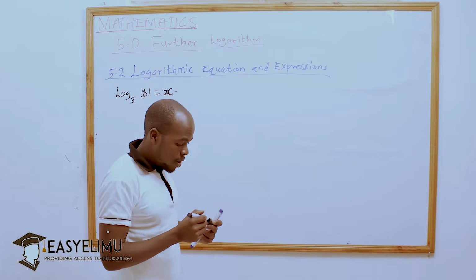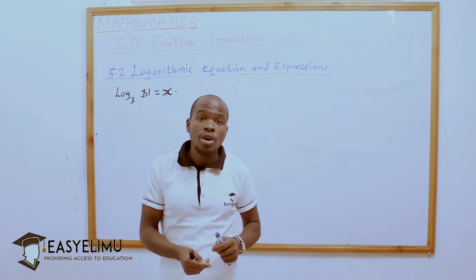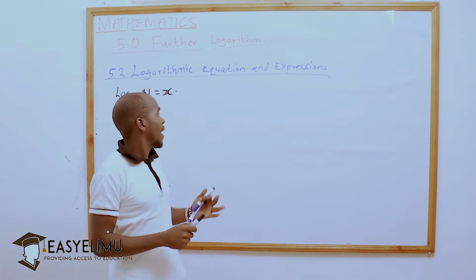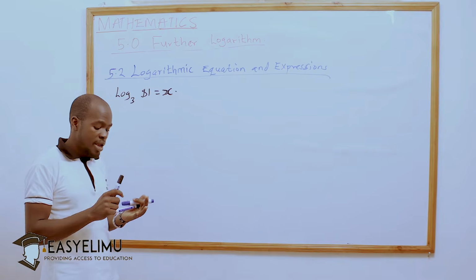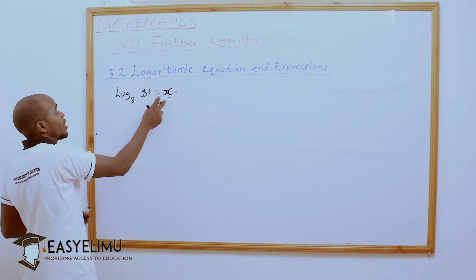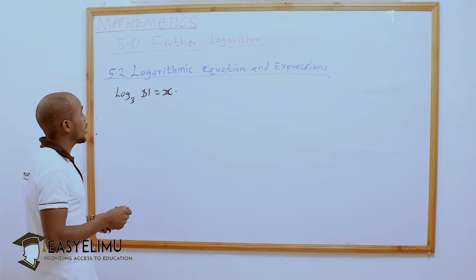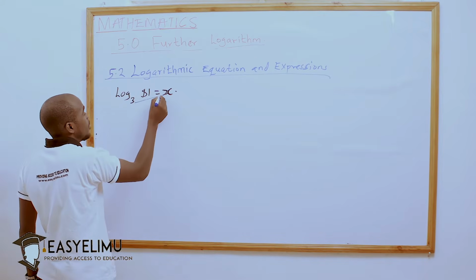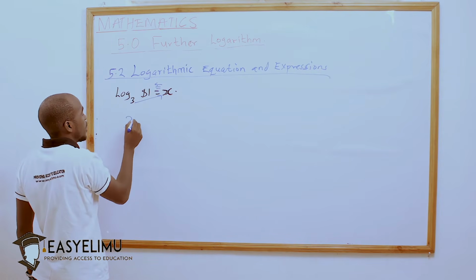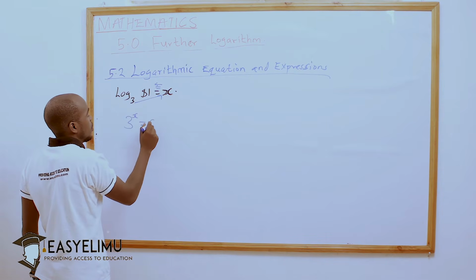We said if you have been given a numerical figure or a certain something like this, it may be represented either in logarithmic notation or index notation. So this one we can still represent in index notation, and find out what is the value of x. So it will be 3 raised to x is equal to 81.